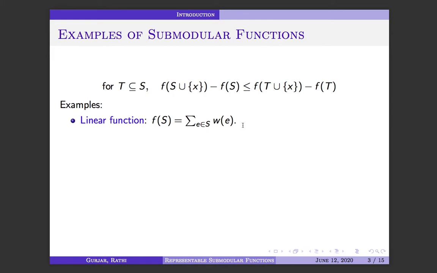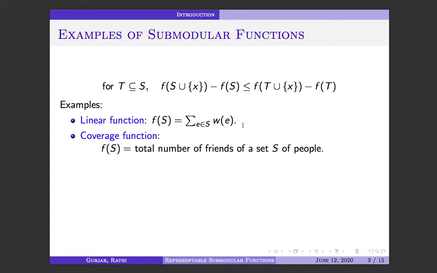So it's a trivial example of a submodular function. Next, you can consider the coverage function. Suppose you have a social network among a set of people, and now for a subset S of people, you can define f(S) to be the total number of friends that set S has, including the people in that set itself. You can verify that this function is submodular.